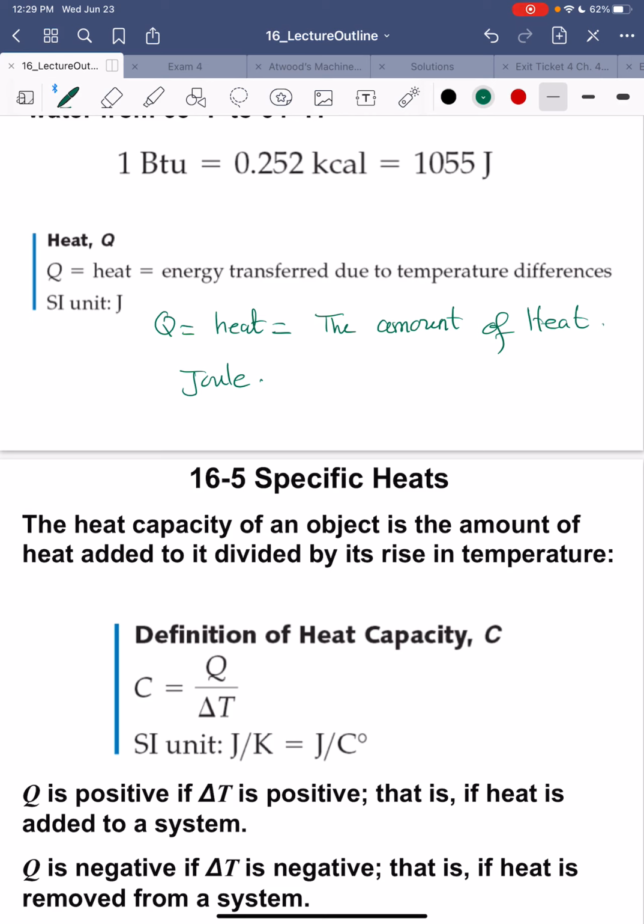The property we are looking at is called specific heat. The heat capacity of an object is the amount of heat added to it divided by the rise in temperature. Heat capacity is just Q divided by delta T.